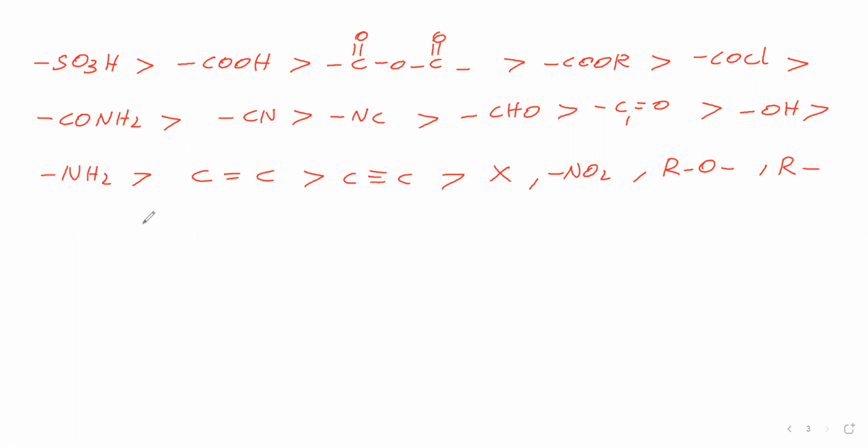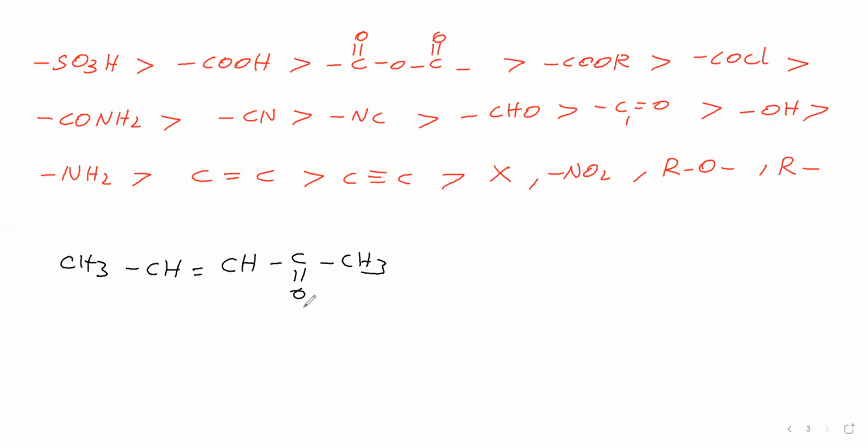Now we will take a compound and go for naming. We are taking the compound CH3, CH double bond CH, CO, CH3. For this compound, how to name, we'll see. What functional groups are there?